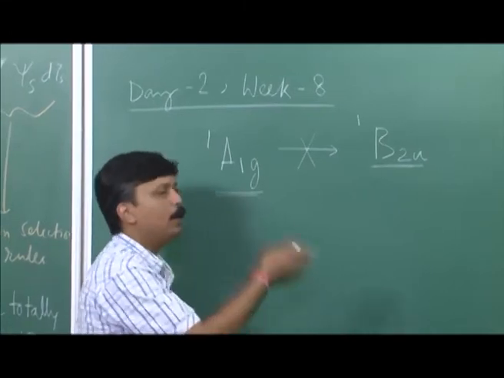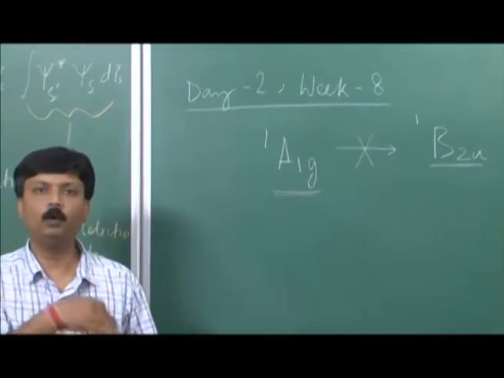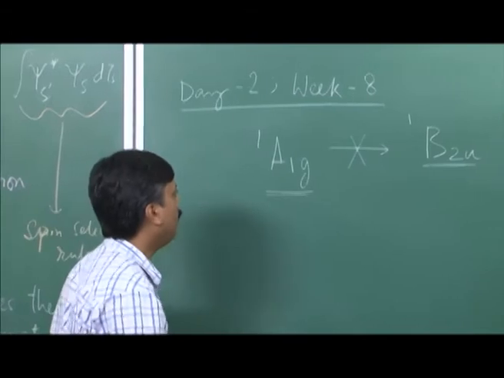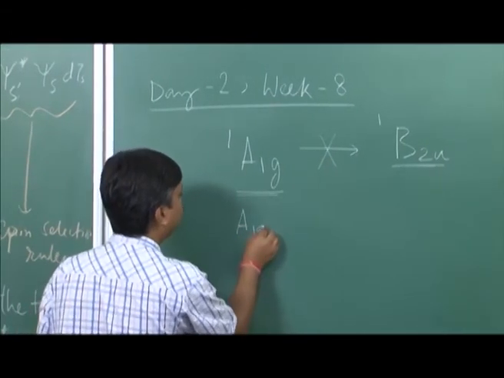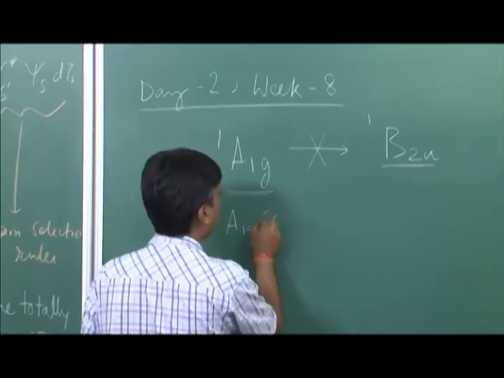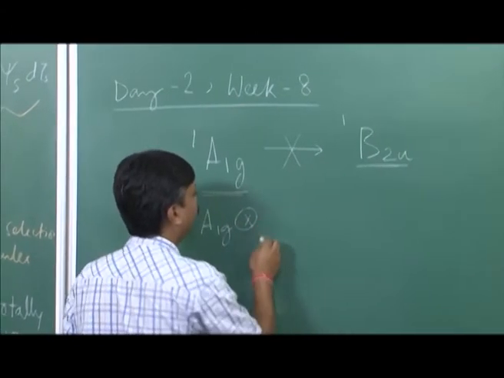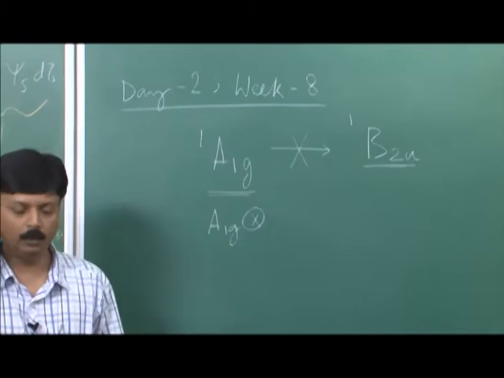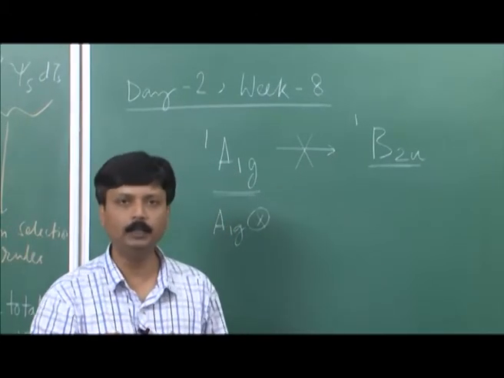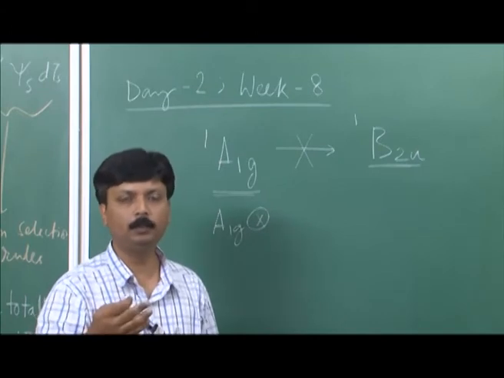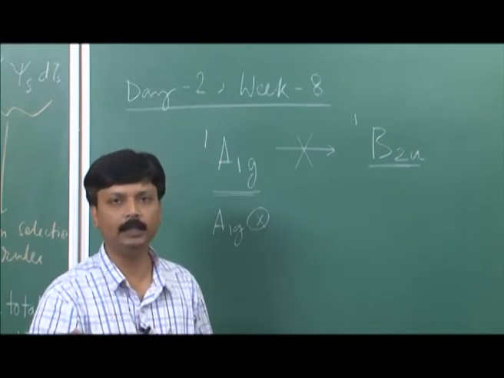If I want to look at this problem even more explicitly, then I have to take a direct product of A1g and the irreducible representation according to which the dipole moment operator transforms, that is, I have to look for the irreducible representation for which x, y and z form the basis.